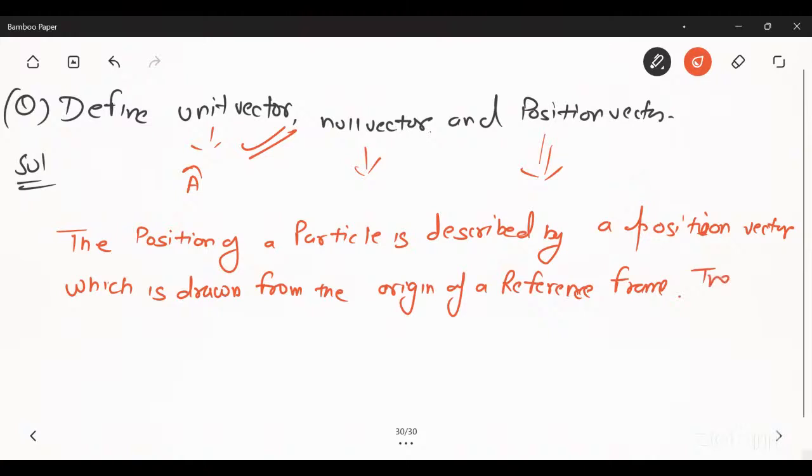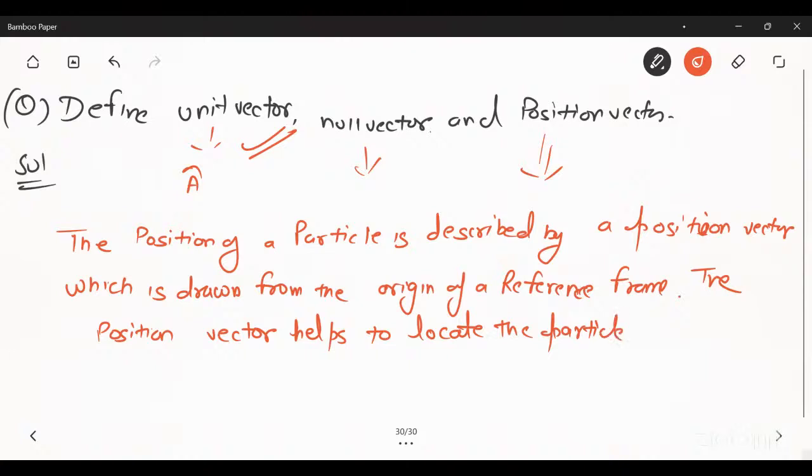The position vector helps to locate the particle in space.